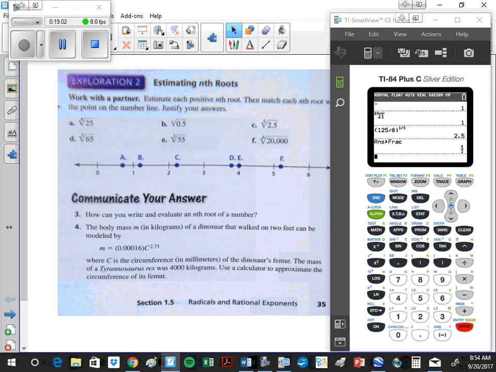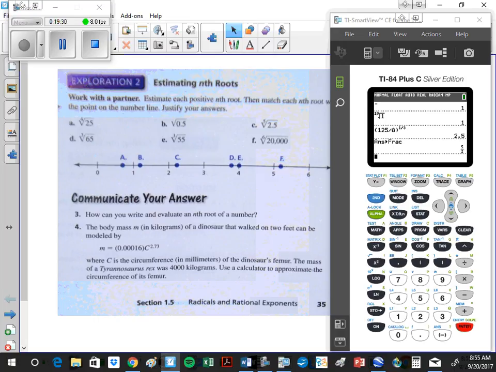So 2 times 2 would be 4 times 2 would be 8 times 2 would be 16. So 2 is not going to work. Let's try 3. 3 times 3, 9 times 3, 27 times 3, 81.